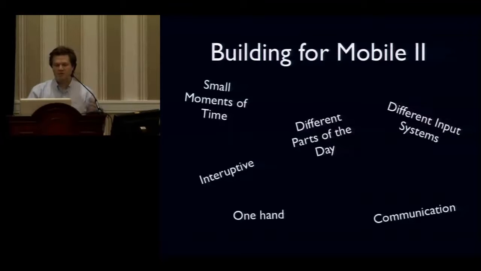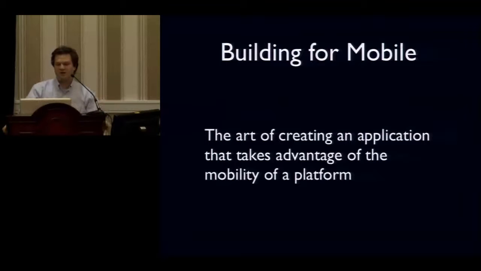But when we look at building for mobile, it's really the art of creating an application that takes advantage of the mobility of the platform overall, or even, increasingly, the types of functions that exist only on these platforms, such as the camera, the GPS, and I'm seeing prototypes with things that are sensitized for galvanic skin response, other types of things that we'll be seeing on these.